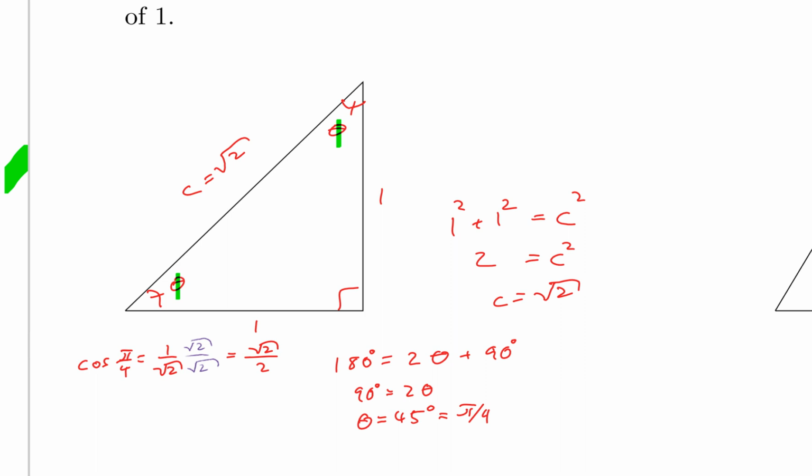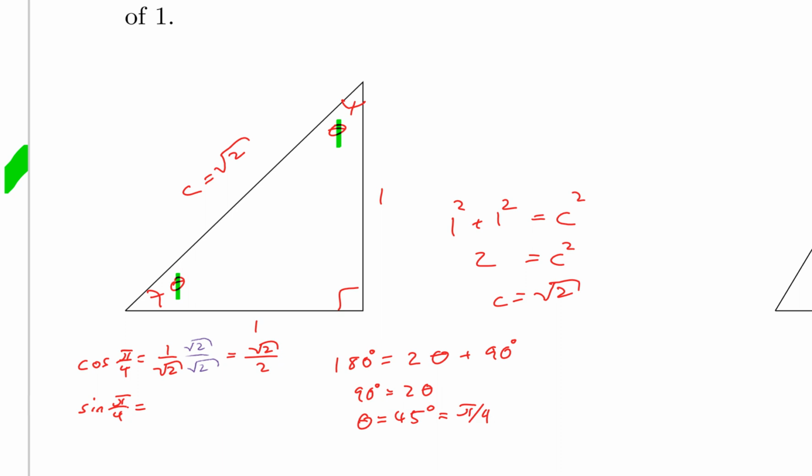Cool. Now we're going to go ahead and find the sine of the same angle, sine of pi over 4. So we're going to look at this angle. You could use this angle too; the result would be the same. Sine of pi over 4 is going to be the opposite over the hypotenuse.